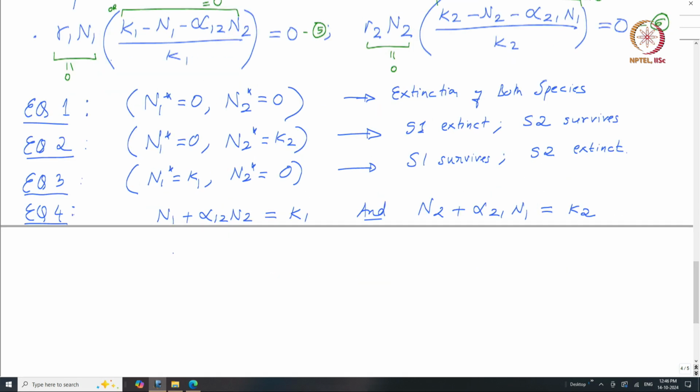Now, these are two simultaneous equations, those need to be solved, and of course, it is possible to solve for the values of these.